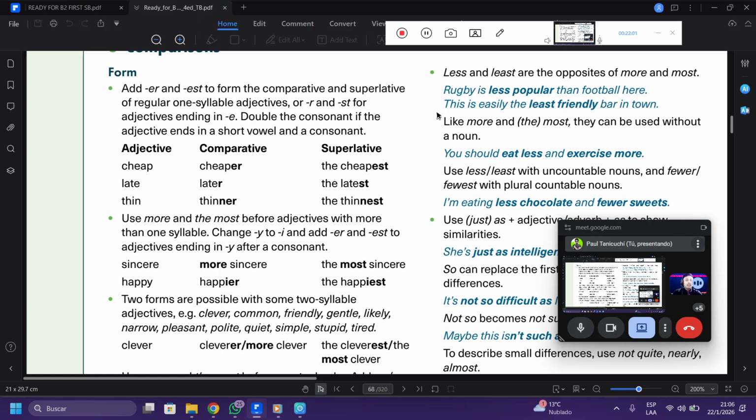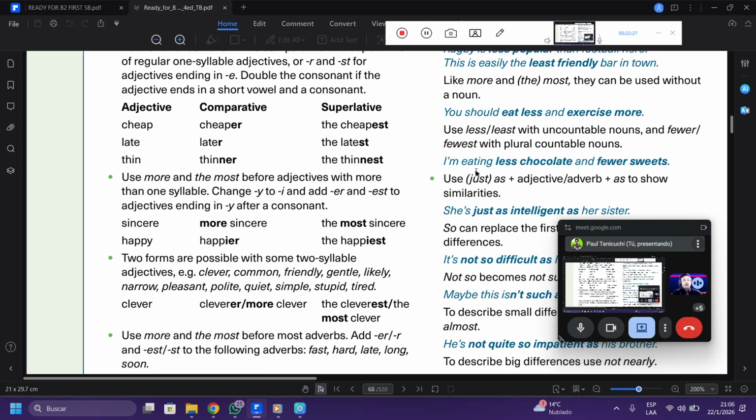You can say Chihuahua is the least friendly dog in the world, for example. Okay? Like that. Perfect. Thank you. So don't forget, after least, you have to use an adjective or an adverb.